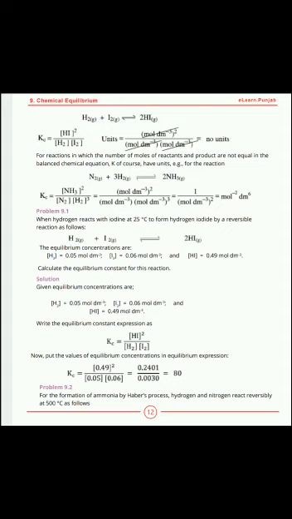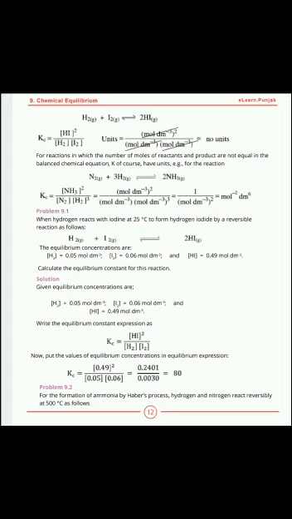In some question statements, if the equation is not written, then first you have to write the equation. After writing the equation, you will be able to solve the numerical. Equilibrium concentrations, 3 concentrations are given in the question: hydrogen, iodine and hydrogen iodide. Calculate the equilibrium constant for this reaction.